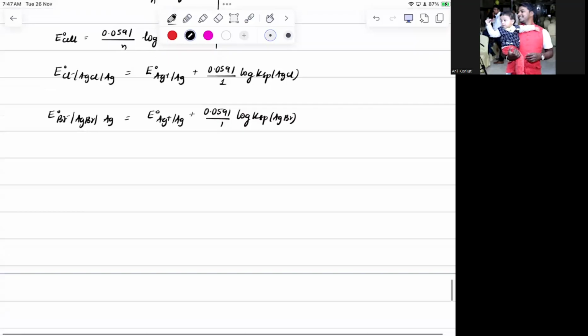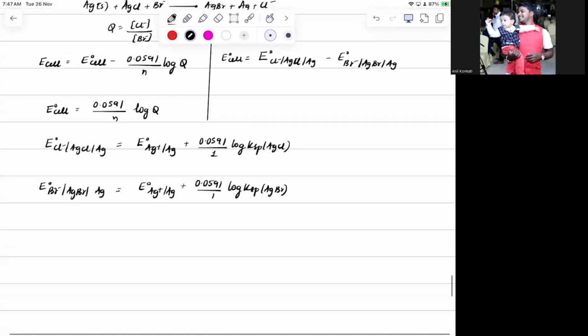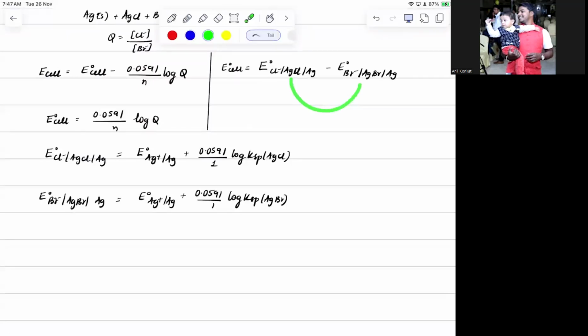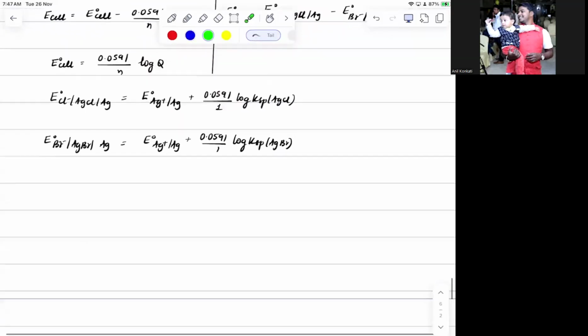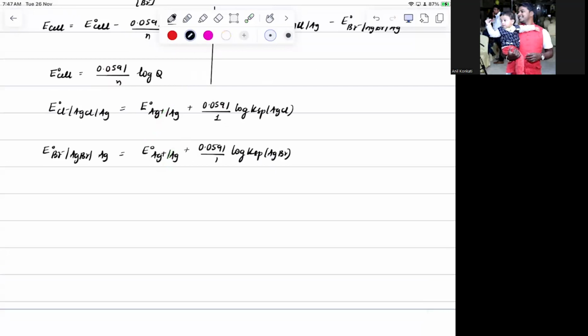So you could see one with AgCl, the other with AgBr. Now, this is the difference we are talking about, the difference of these two. So the difference of these two will make these two terms 0. So what do we have? E naught cell will be equal to, these two will get cancelled because we have to take the difference, and here we will have 0.0591 as a common factor and log of Ksp of AgCl by Ksp of AgBr.